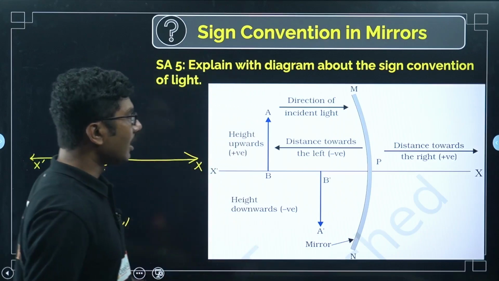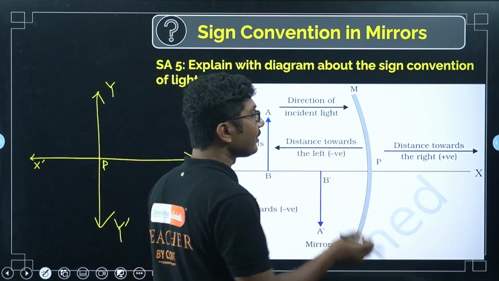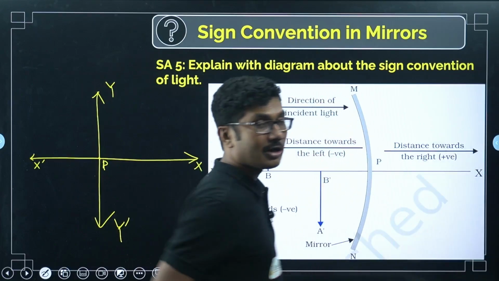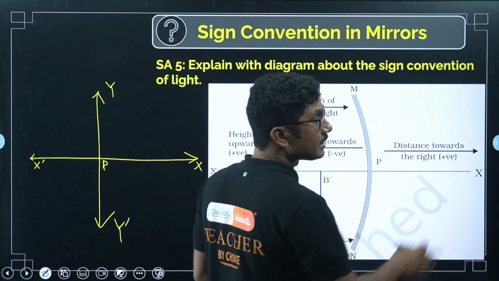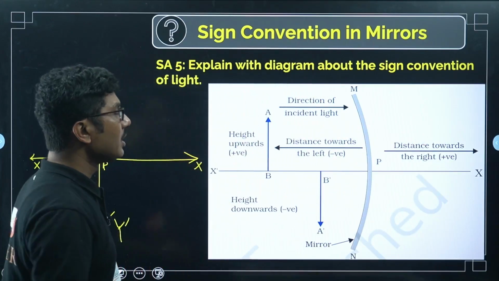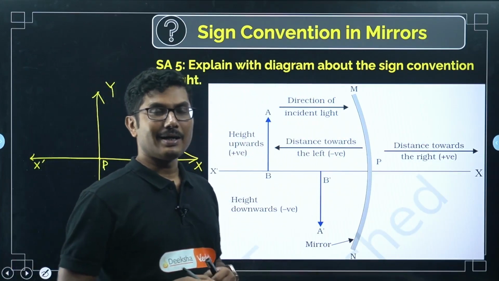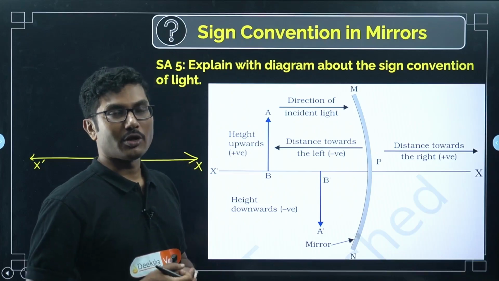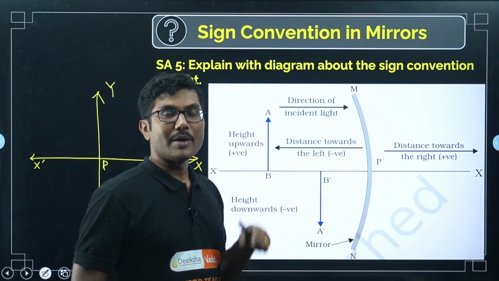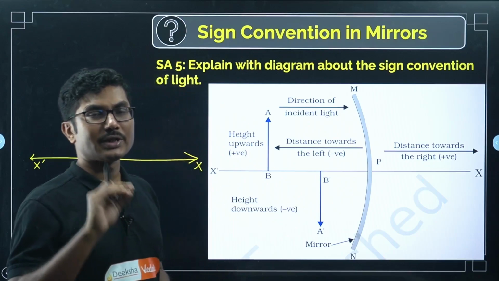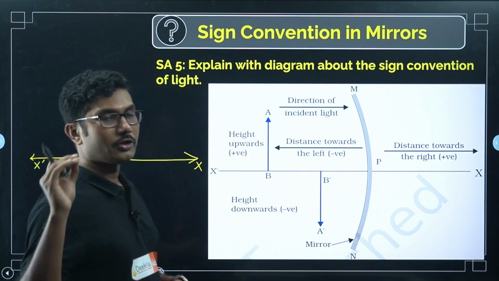In case of convex mirror, we see the image is always formed on our right hand side, right? So in that case, we will consider the image distance as positive. Based on the information given to you to solve a problem or answer a question, you have to use the proper sign before solving the problem.